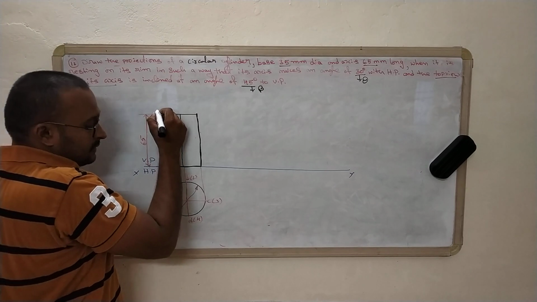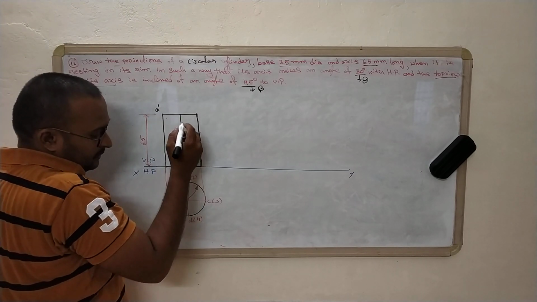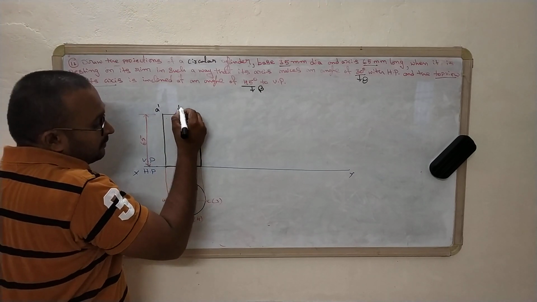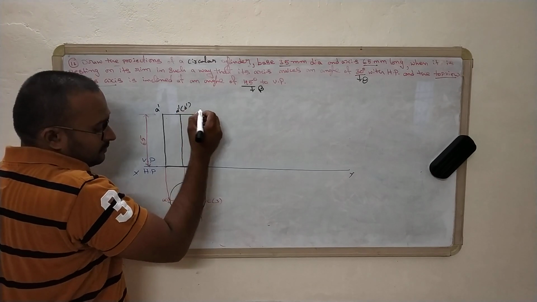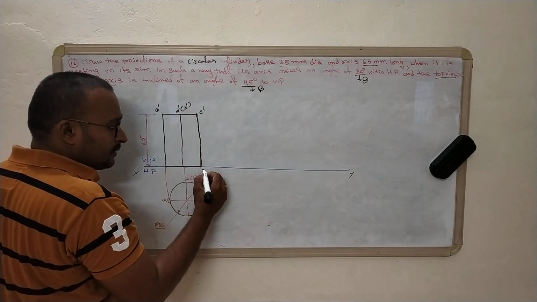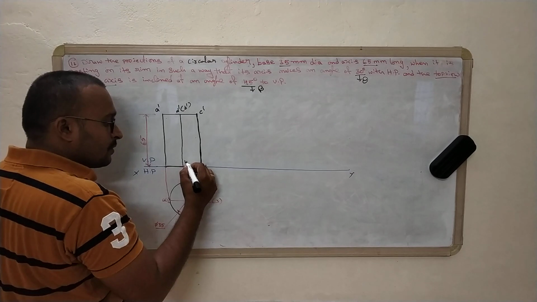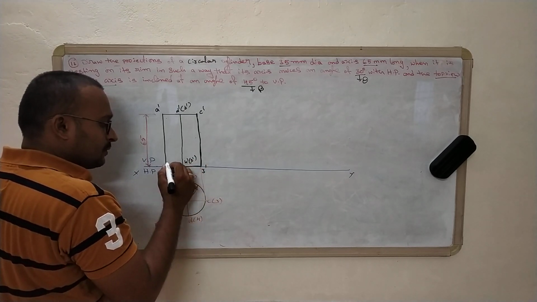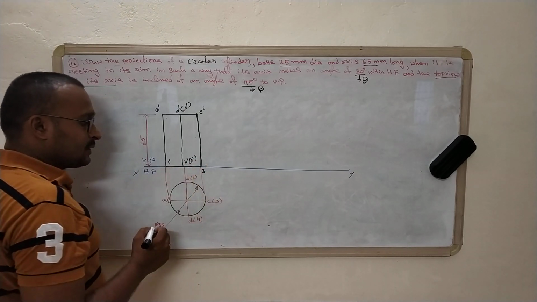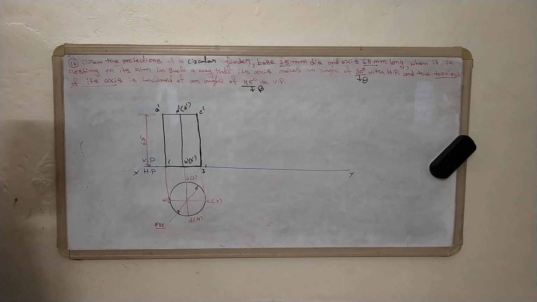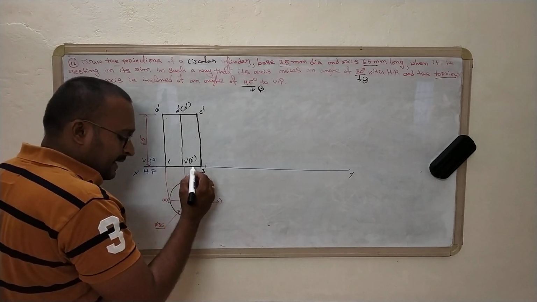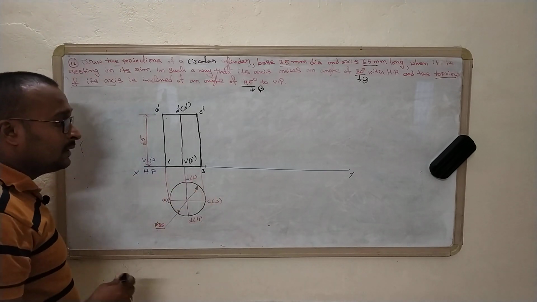Then here it is A dash, D dash of B dash, C dash, 3 dash, 4 dash of 2 dash, 1 dash. Right, here now the center axis is perpendicular to the HP.